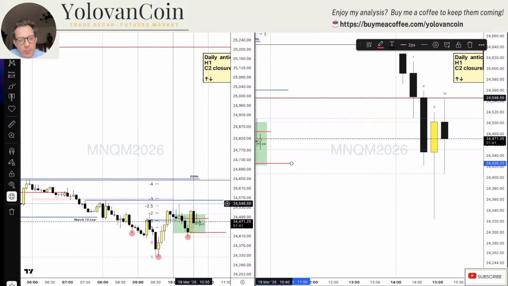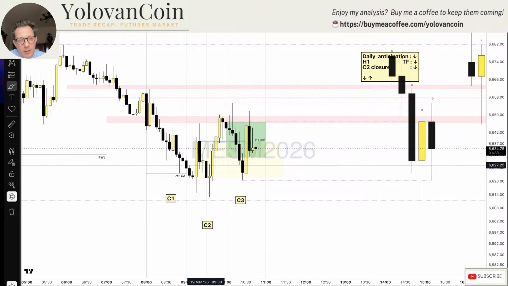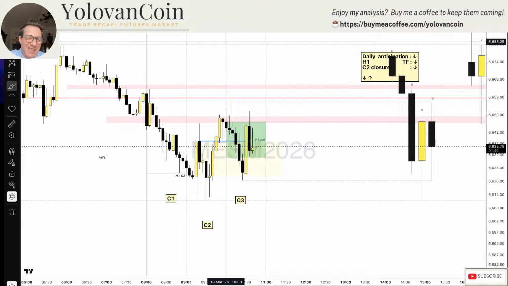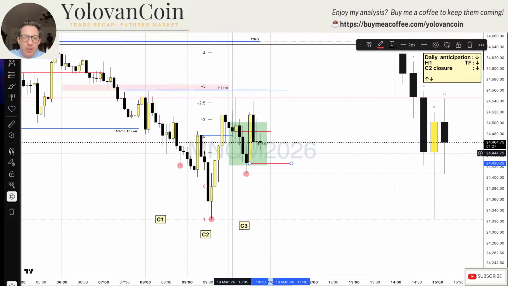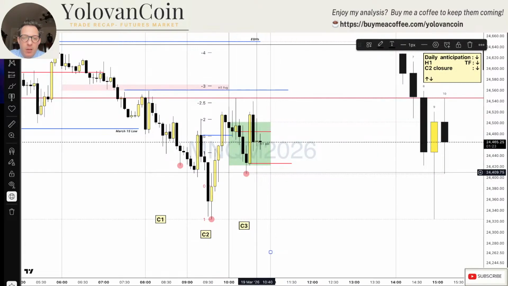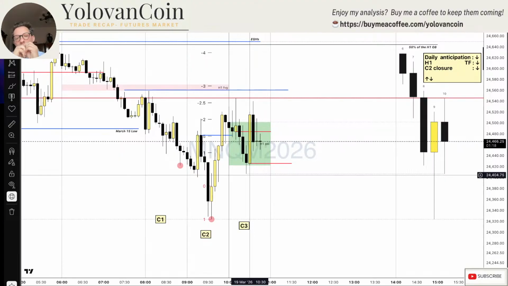And the only problem is that the SP 500 is still bullish. Come on, Nasdaq, go lower. It can be protected on the C inside the C3.